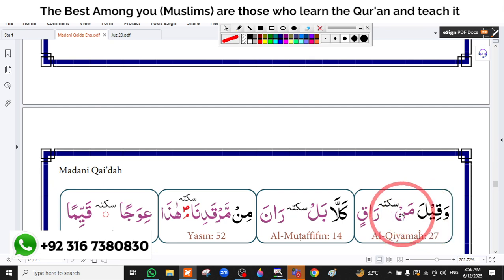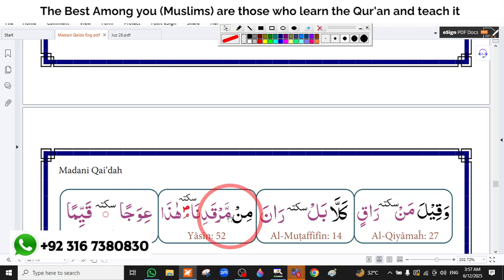Waqila man raq. Yes, next. Qala. MashaAllah, next. Man marqadina hadha. But you can see this meem has a shaddah sign on top. We will take the sound into our nose, as this is a noon sakin.